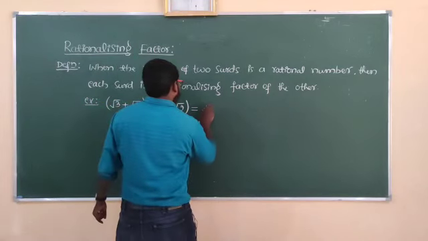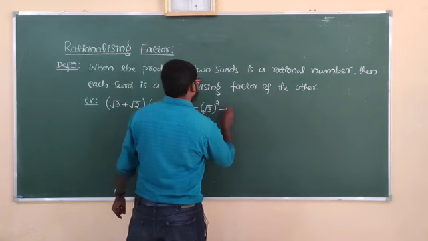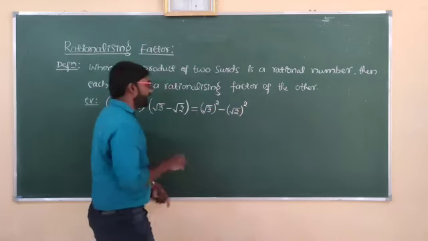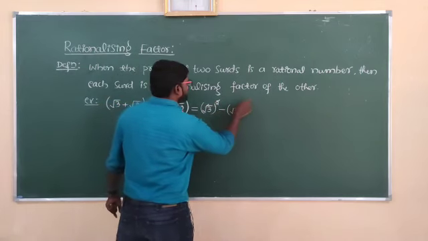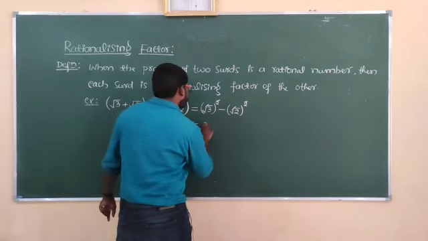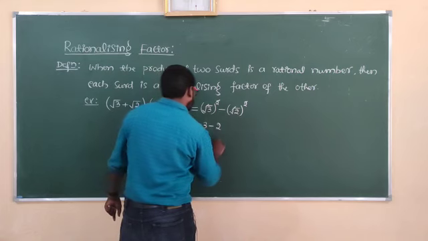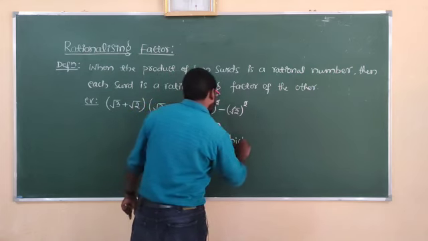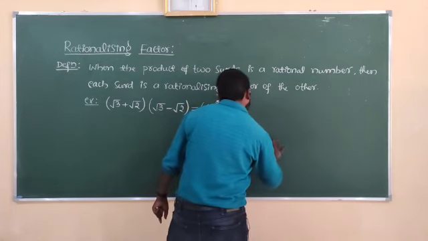So a square, that is root 3 square, minus b square, that is root 2 square. Square and root cancel here. We get 3 minus 2, which is equal to 1, which is rational.